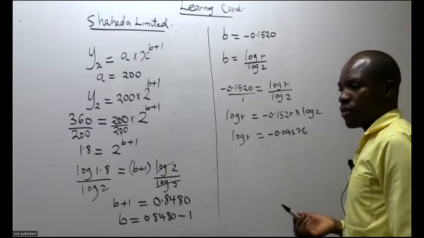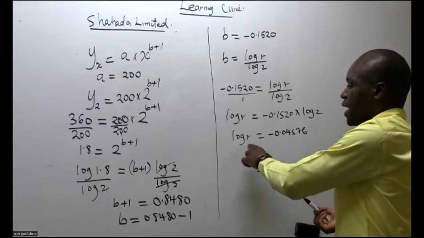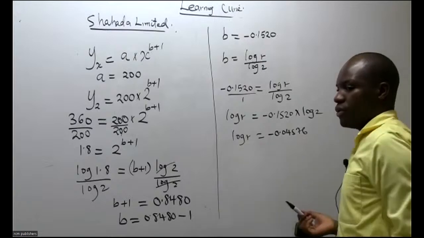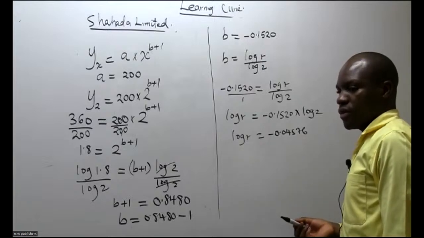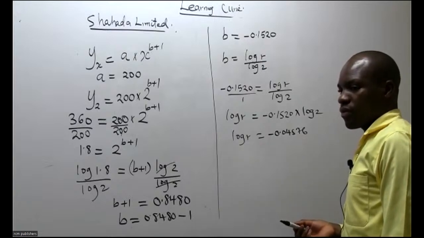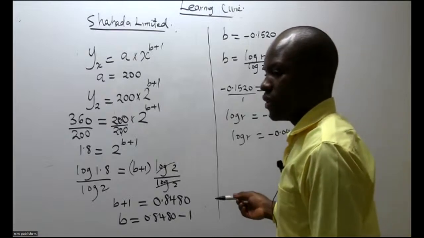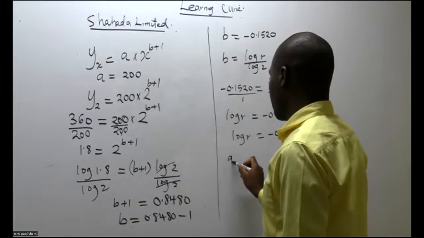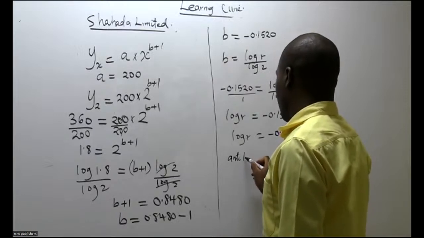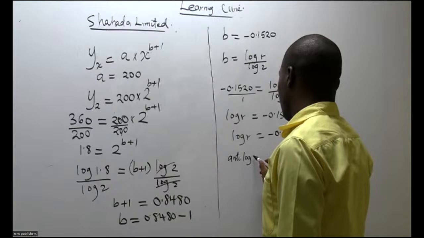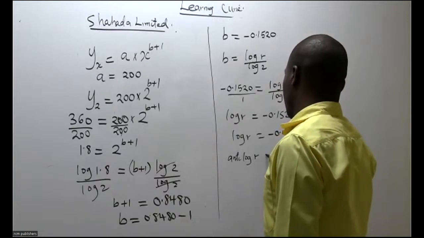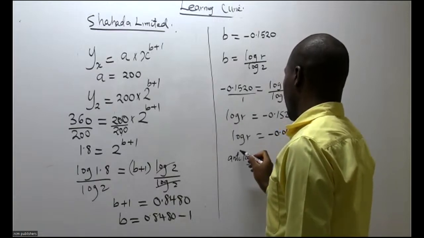What do I do if I want to get R now, not log R? I need to get the anti-log.